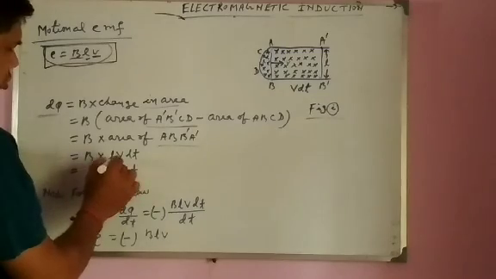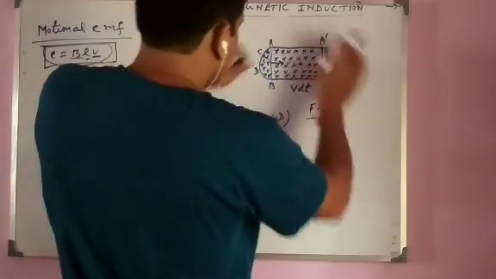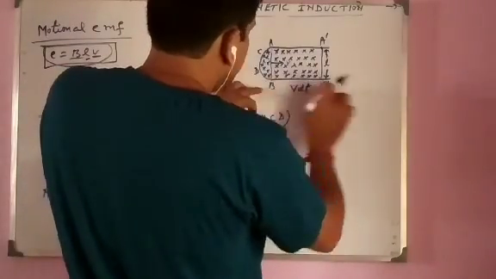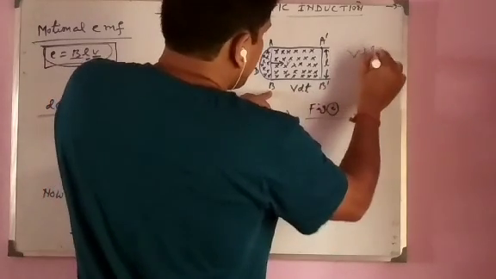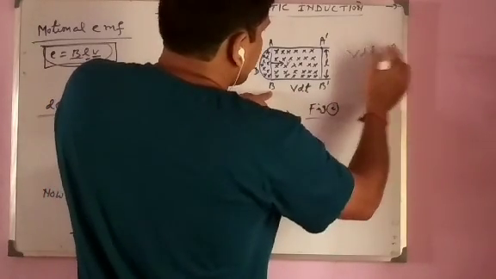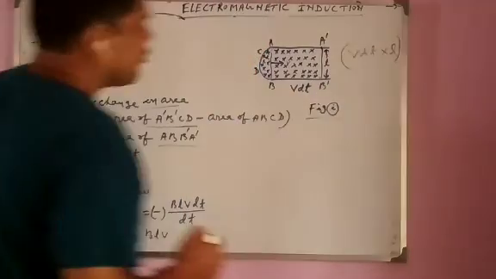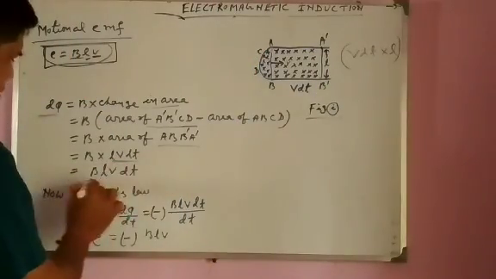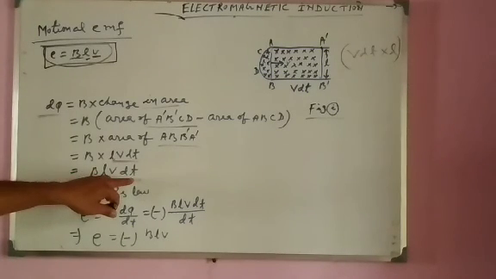So d phi equal to B into LV dt. Now how do we find the value of this area? In ABB dash A dash, the breadth is V dt and the length is L. So the change in area equals LV dt. So d phi equal to BLV dt.